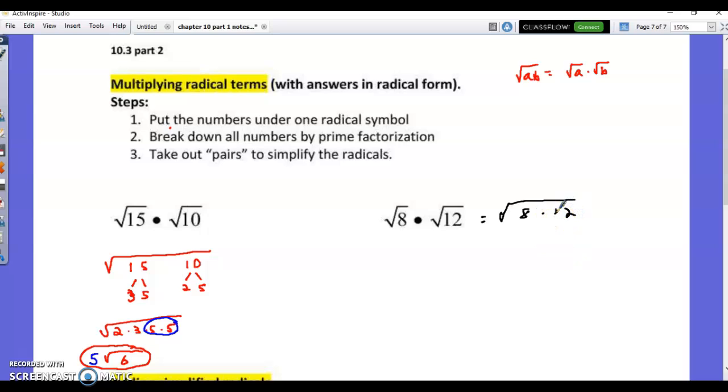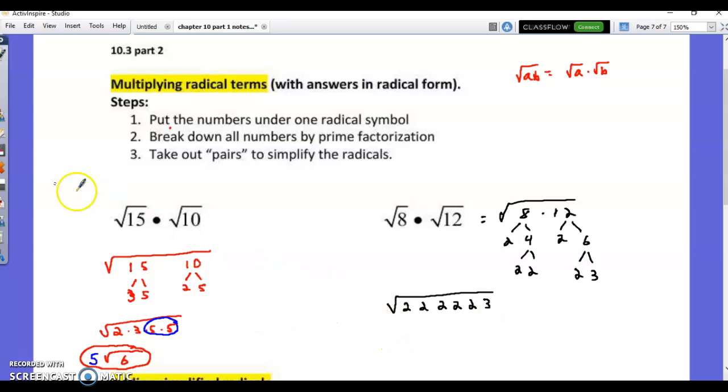I'm going to do the prime factorization of both 8 and 12. 8 is 2 and 4, 2 and 2. 12 is 2 and 6, 2 and 3. Now look at all of your end numbers in here. I'm going to rewrite this in order. I have 1, 2, 3, 4, 5 2s, and a 3.